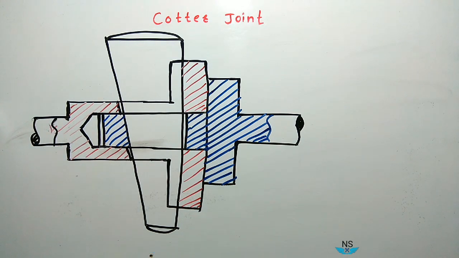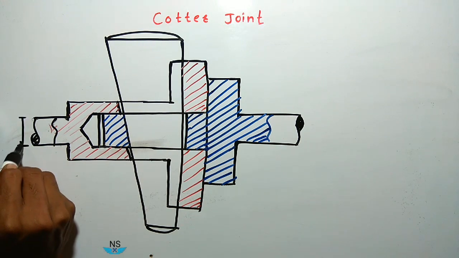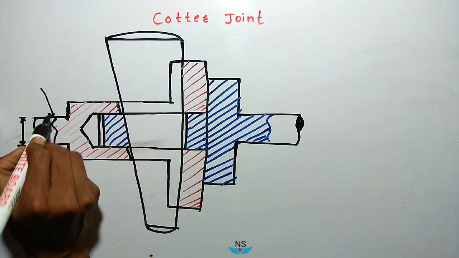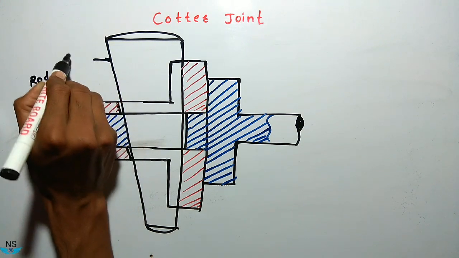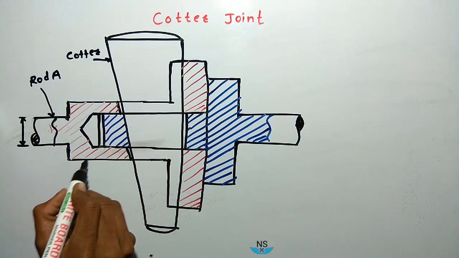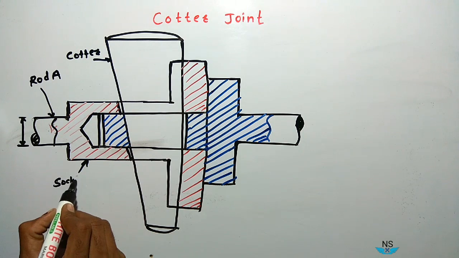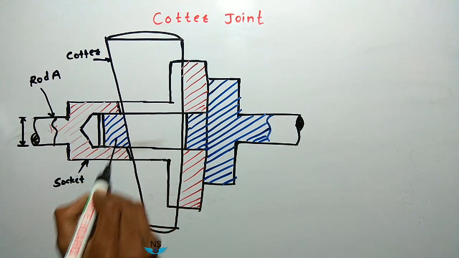Now the diameter of this rod, this is rod A. This is the quarter. This is the socket. This is the spigot.